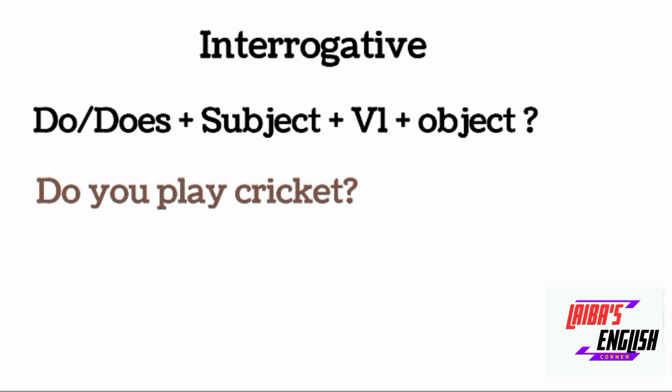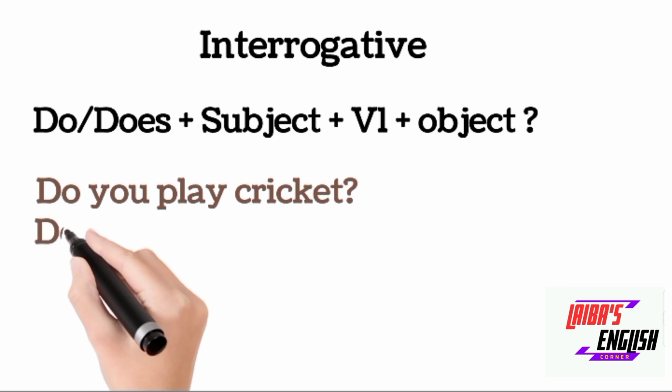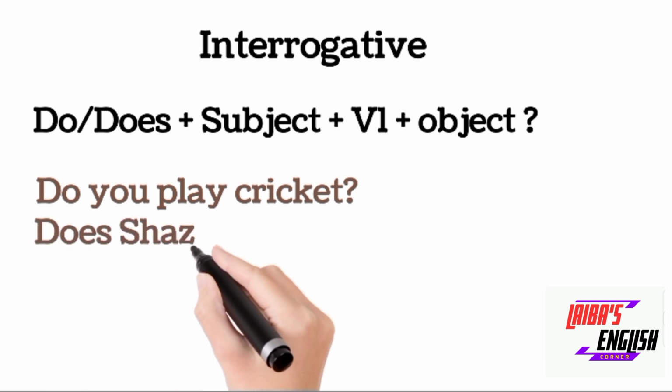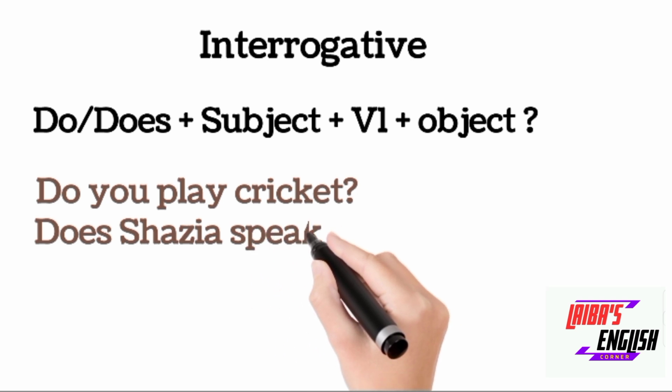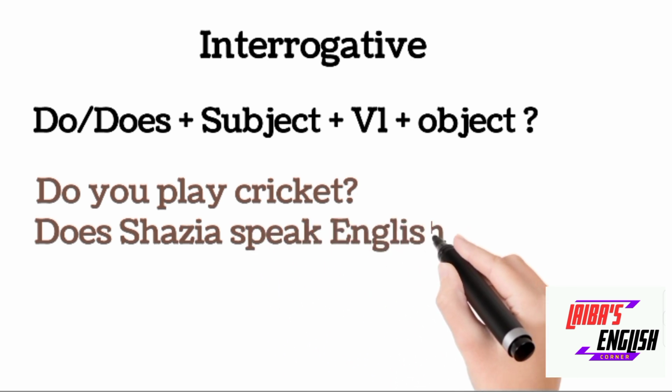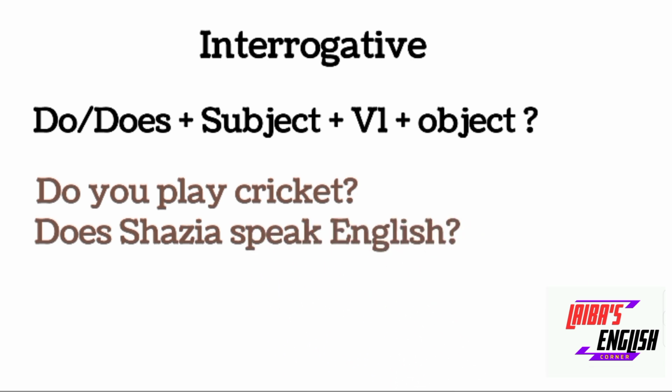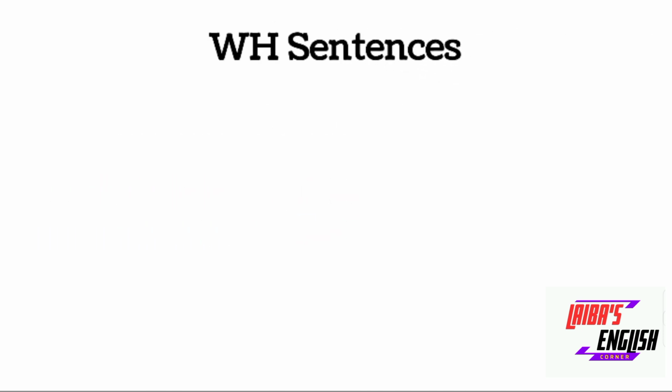We use do with you because it's the rule that with I, we, they, you, we use do. Second is, does Shazia speak English? Here you may have another confusion: why don't we use S with speak? The reason is we already use it with does.